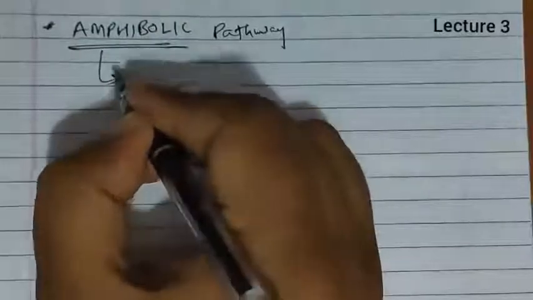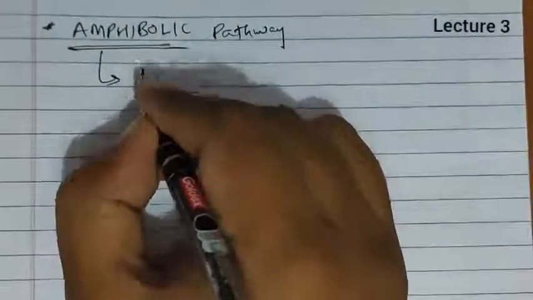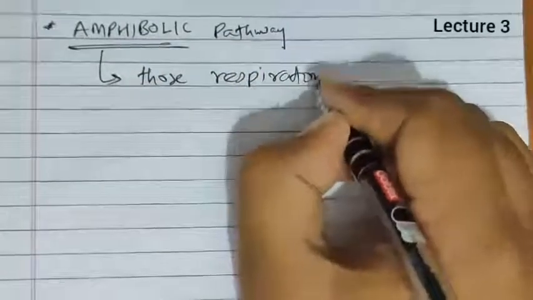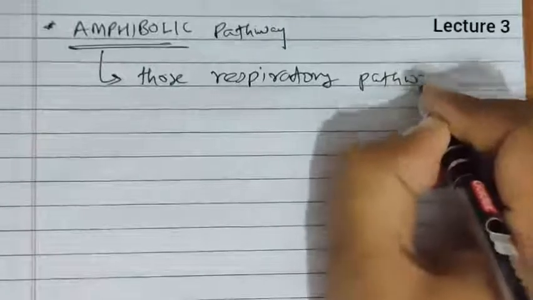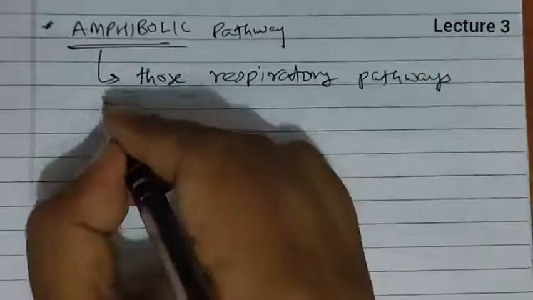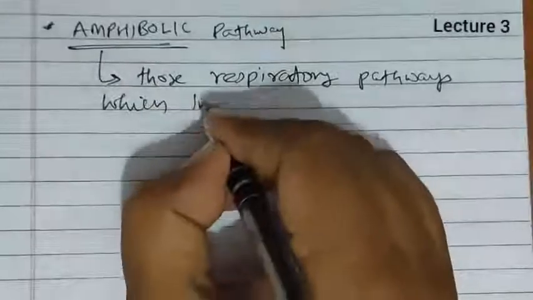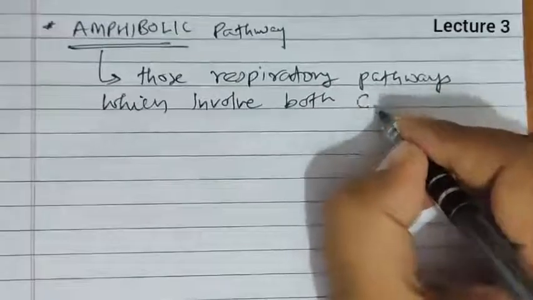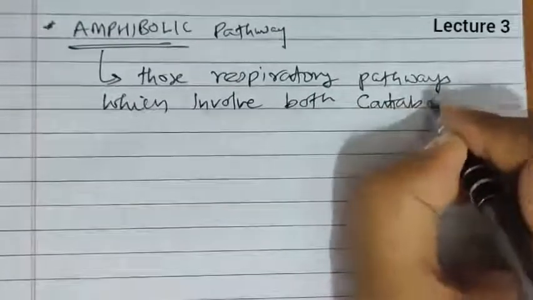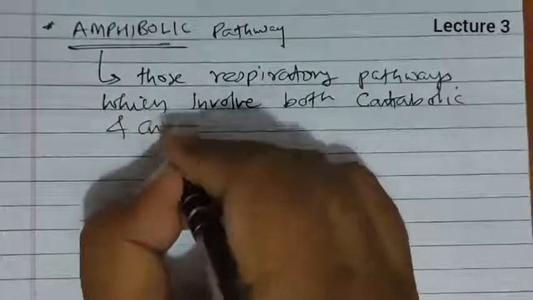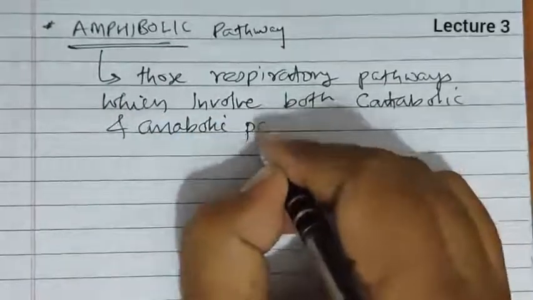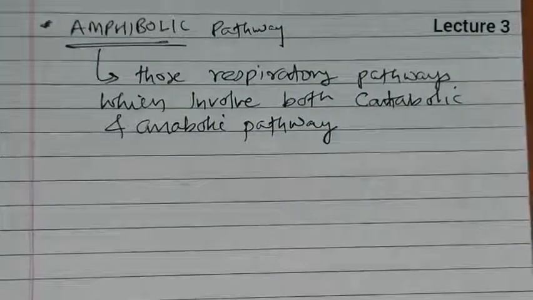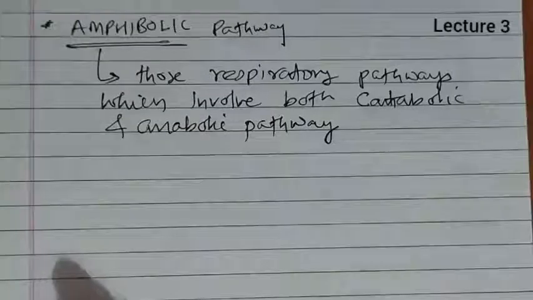Amphibolic pathways are those respiratory pathways which involve both catabolic and anabolic pathways. So those respiratory pathways which involve both catabolism and anabolism are known as amphibolic pathways.